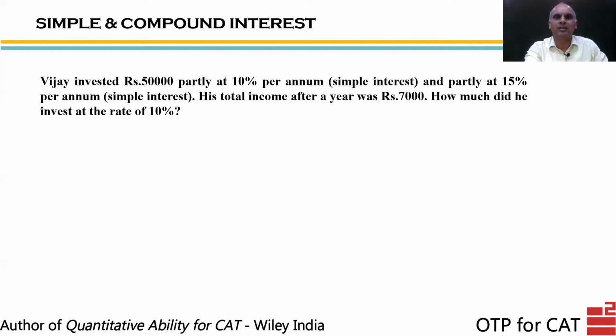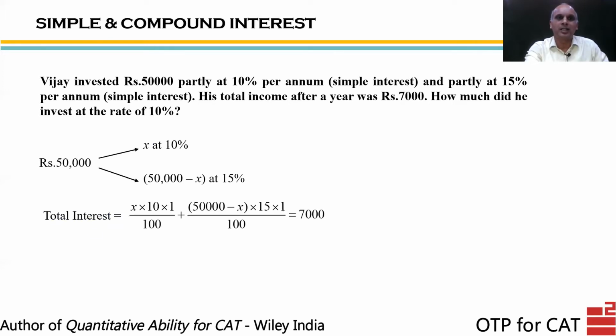So our methodology will remain almost same. Let us say the two parts are X, which is invested at 10%. The other is 50,000 minus X, which goes to the 15% option. Now, what is the interest in each of the cases?